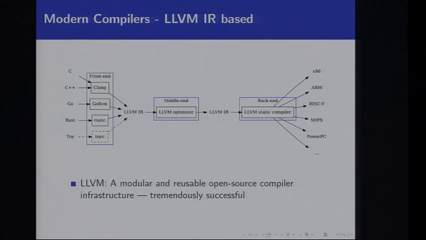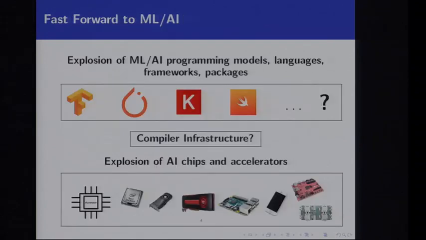So this problem that we've had with the compiler infrastructure exists today, but we have now a similar problem for AI and ML computation. There's been an explosion of different programming models for AI and ML. These are all logos of these different programming models: TensorFlow, PyTorch, Keras, Swift for TensorFlow, and so on. And people are building new programming models. That's on the programmer side, which faces the users.